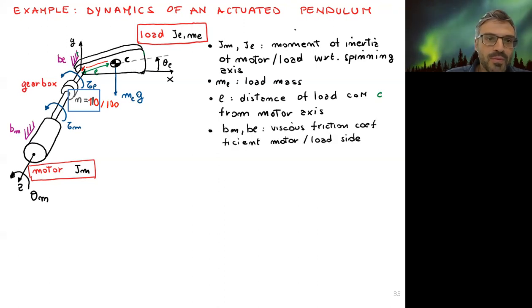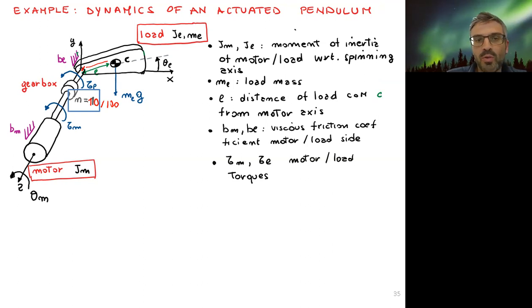Then we also have some viscous friction, both at the motor and at the load, Bm and Bl. We need to remember that Bm is on the motor side, and if we want to map it to the load side, we need to multiply by the gearbox ratio n. Then we have tau m, the torque at the motor, that is strictly related, because the gearbox is not flexible, to the torque at the load, again through the gearbox ratio n.